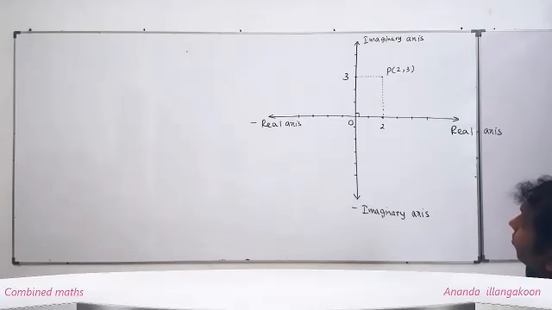Start from a new line. When we consider a point on the plane, it has two coordinates.